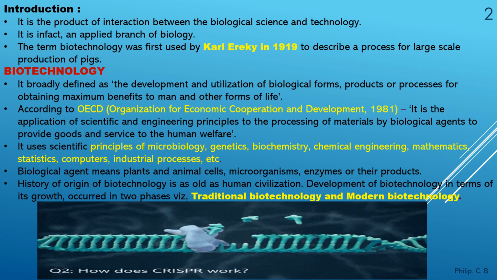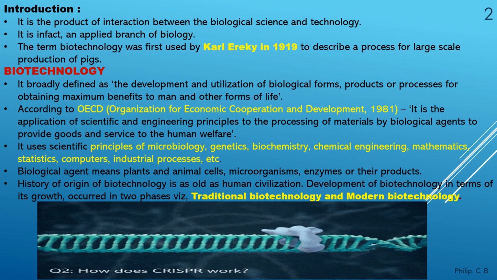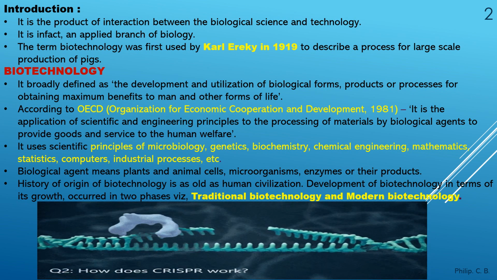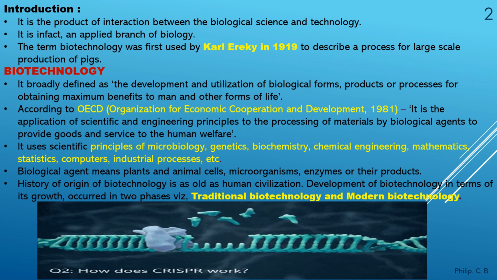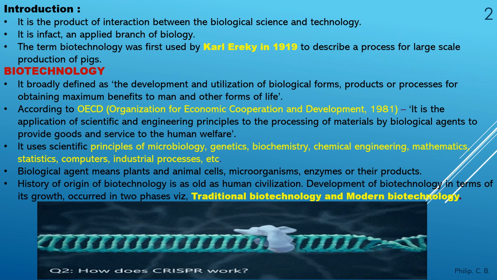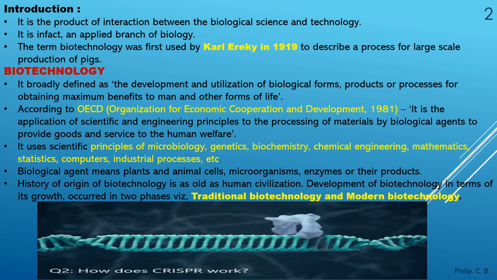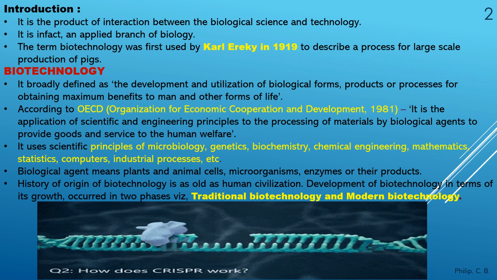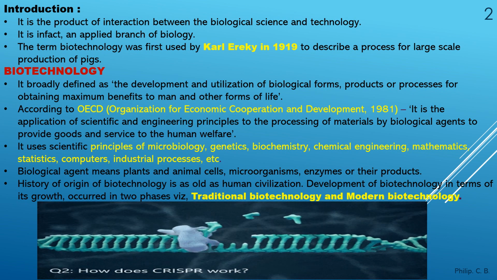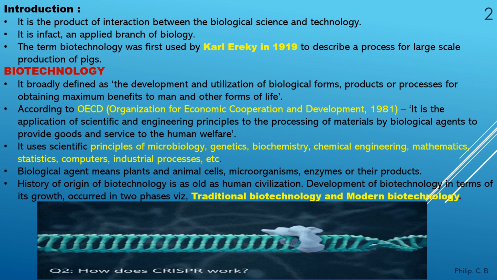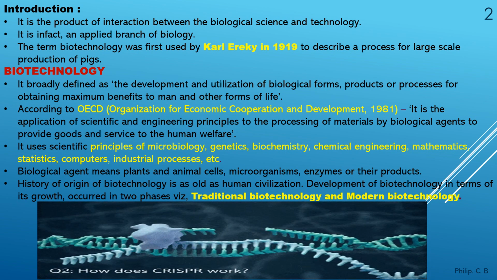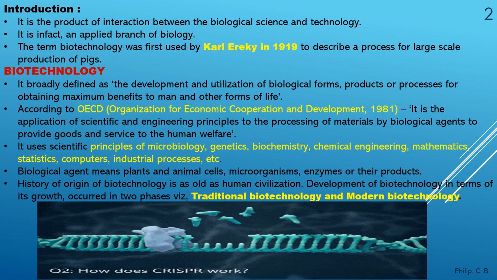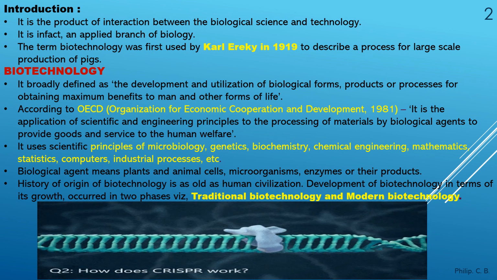So the history of origin of biotechnology is as old as human civilization. Development of biotechnology in terms of its growth occurred in two phases, that is traditional and modern biotechnology. We have been using this terminology in the last 10 to 15 years, but actually biotechnology is an age-old process, right from our grandparents or great grandparents, or when civilization started, this biotechnology process was going on.